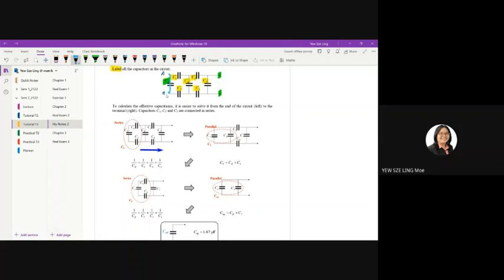If no, then that's it. If you have more than one capacitor, then you need to simplify it. But along this blue path, I have only one capacitor. Therefore, I don't need to do anything. It means I'm done with these two junctions, A and B. Nothing else for me to do.